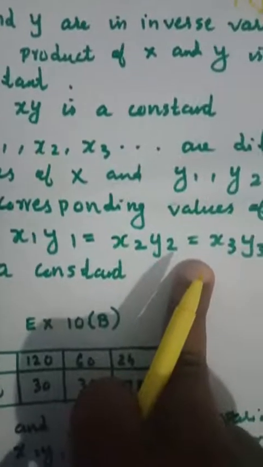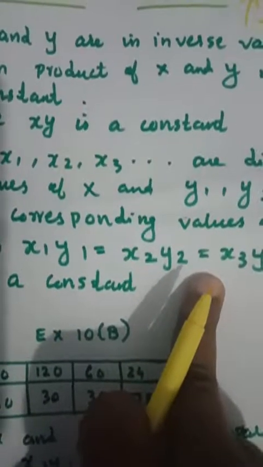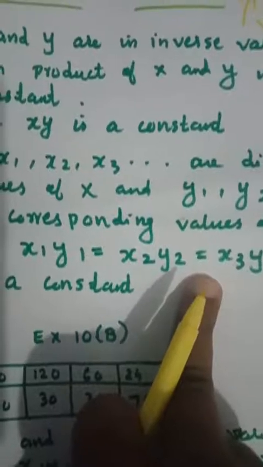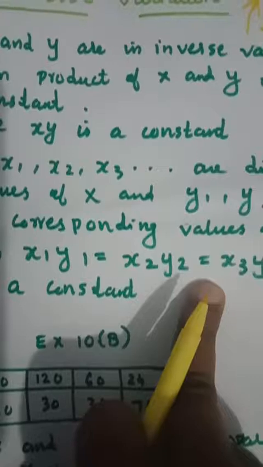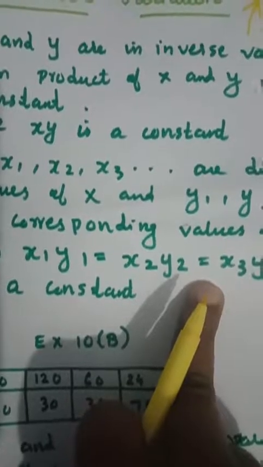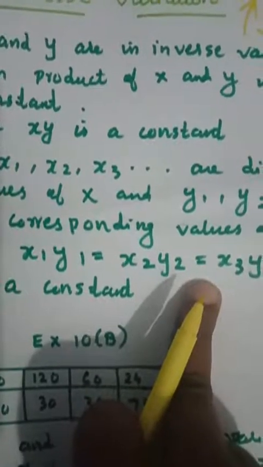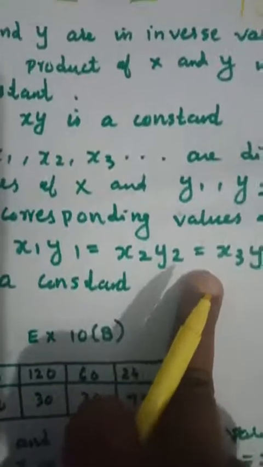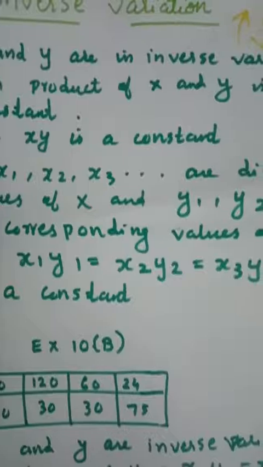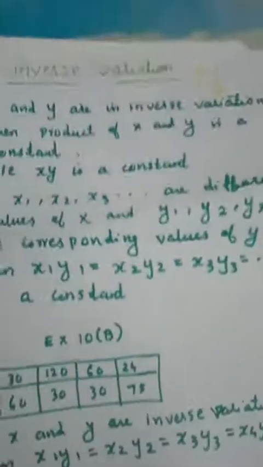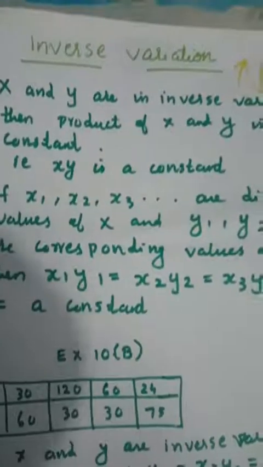That is the difference between direct and inverse variation. Clear?